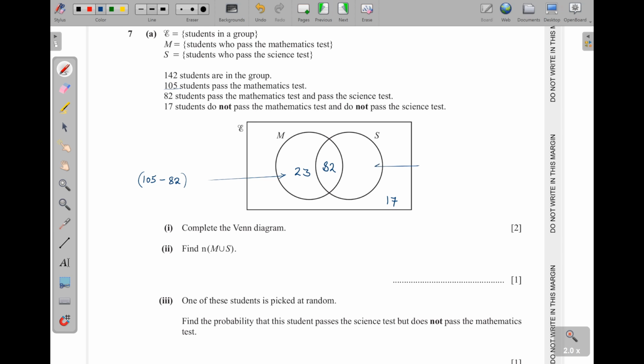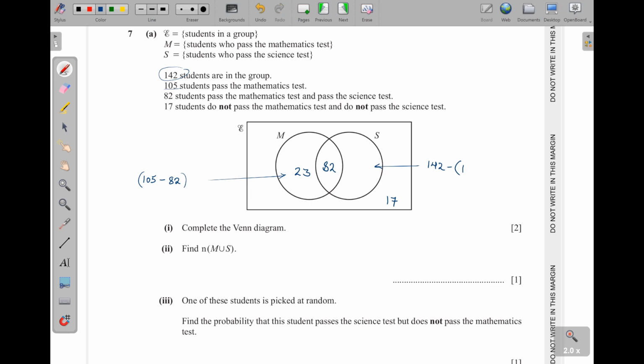And then to get what is here, they didn't give us the number of students who pass science, all of them. So what we shall do, we shall get this universal set, 142, then minus everything that we know. Those who pass mathematics, the whole of this is 105.